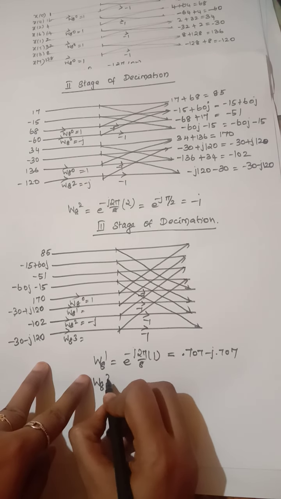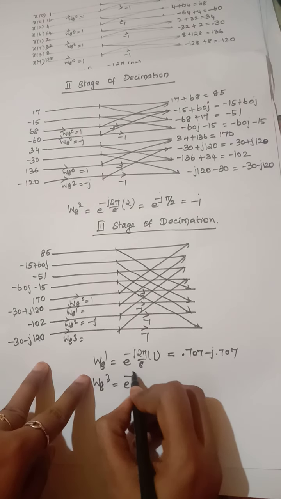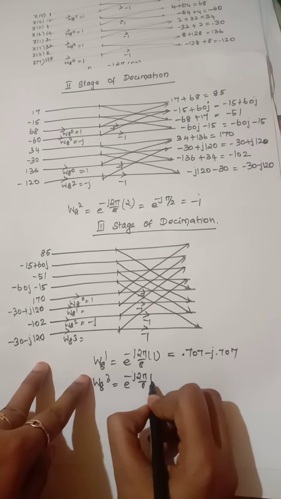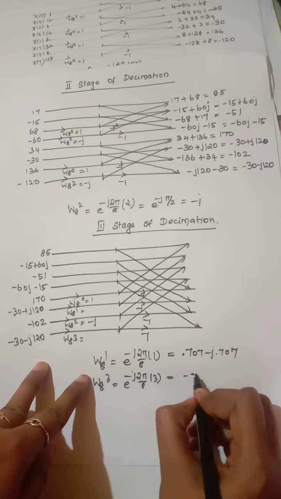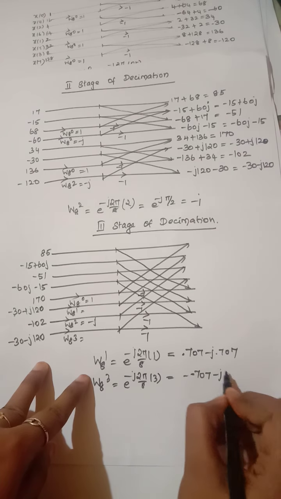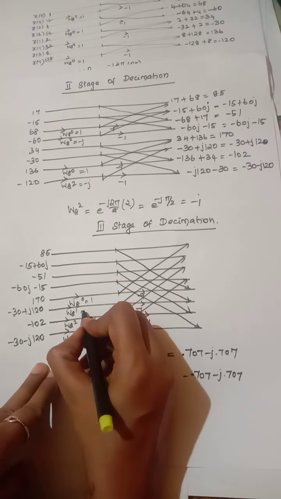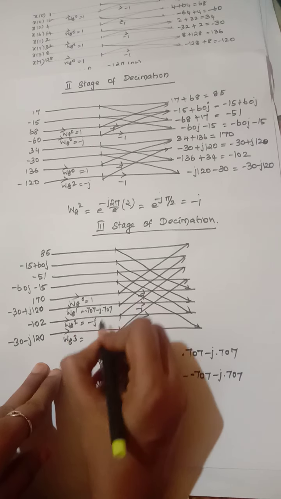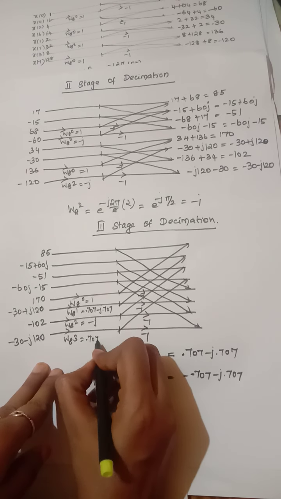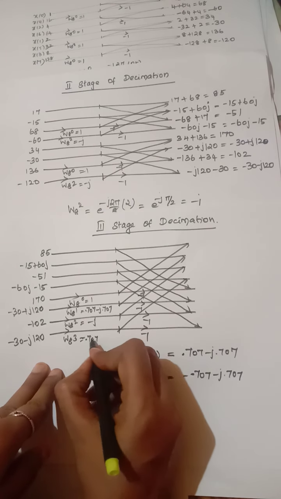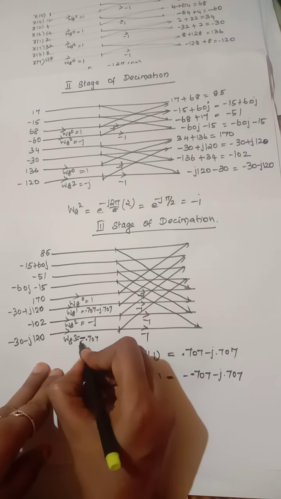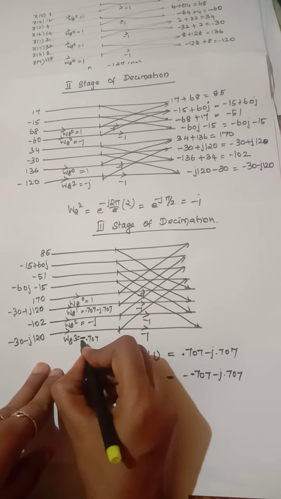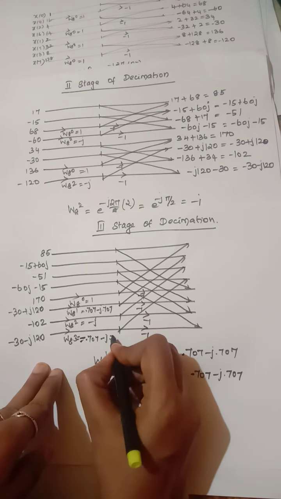Similarly W8 power 3 is e power minus j 2 pi by 8 into 3, which is equal to minus 0.707 minus j 0.707. So here I am substituting 0.707 minus j 0.707, 0.707 minus 0.707, minus 0.707 minus j 0.707.